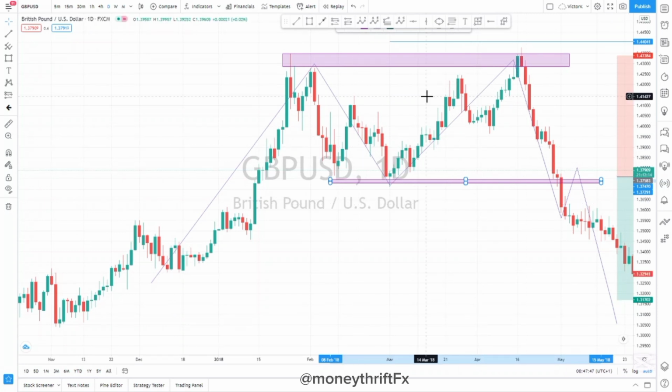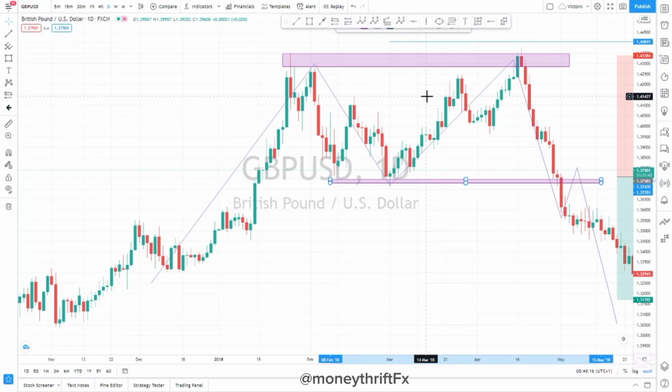The last market structure pattern that we're going to be talking about is triangles. But we have already treated triangles before, so I did not see it as necessary to talk about it again. If you are forgetting what triangles are, I advise that you go back to when we were treating Elliott wave and watch the video on triangles, to learn again what they are and how we use them.